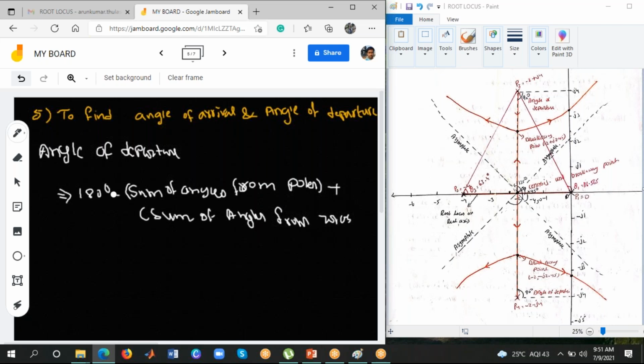Yeah, so this is the formula for angle of departure. So we are going to consider 2 points. One is here, another one is here.